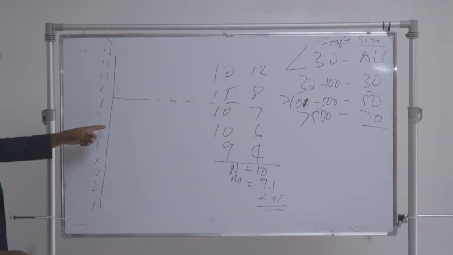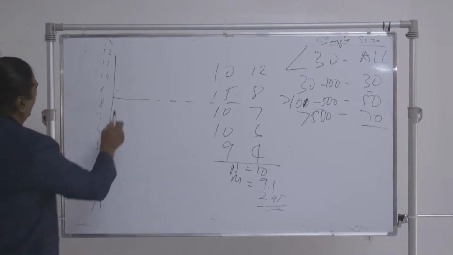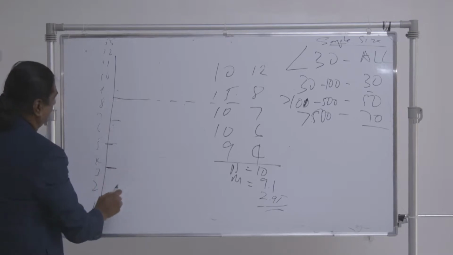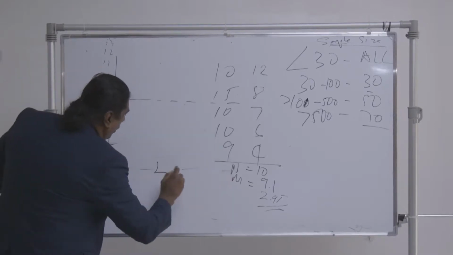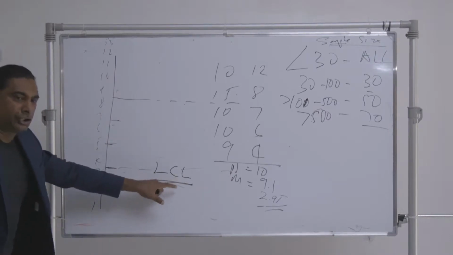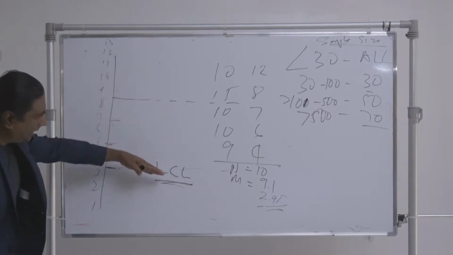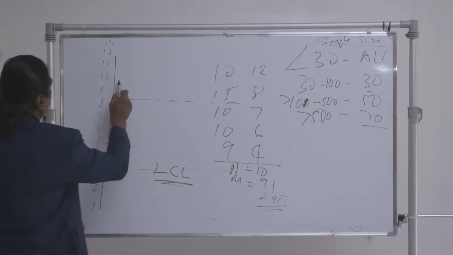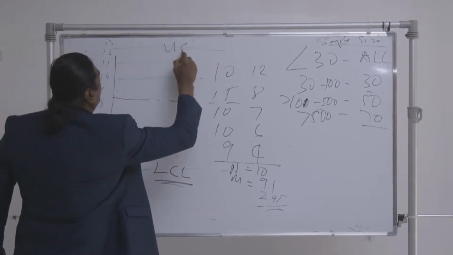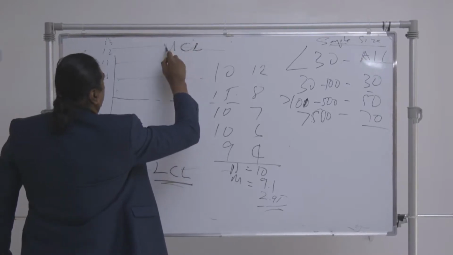We got a standard deviation of 2.95. So we come down 2.95, another 2.95, another 2.95. That's your lower control limit, LCL, 3 standard deviations below. This is 3 standard deviations above, and that's called your upper control limit.